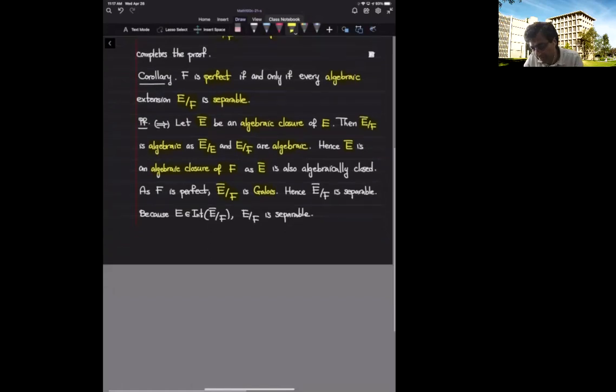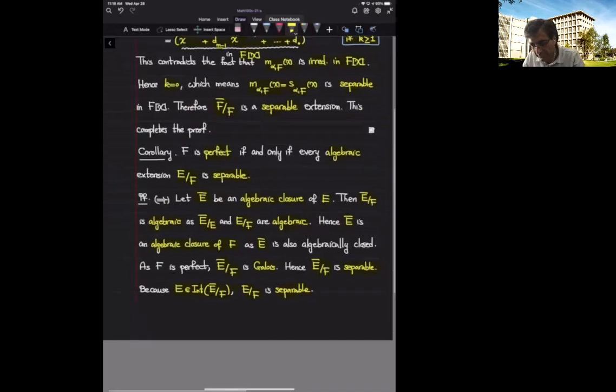So E bar over F is Galois, and therefore a separable extension. So for every intermediate subfield that I pick, both of the blocks are separable extensions. E bar over F is separable, and E is an intermediate subfield of this. Therefore, E over F is a separable extension. That completes the proof of this direction of the corollary.